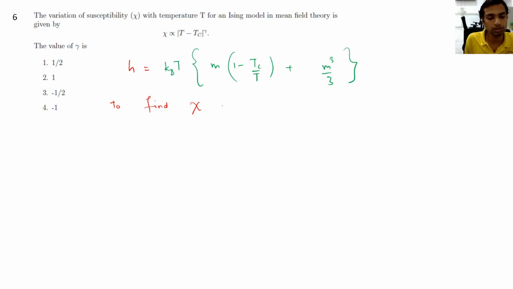So chi is given as limit m tends to 0 of dm by dH. So this is your expression for the magnetic susceptibility. So all you have to do is take the derivative of this expression with respect to m.